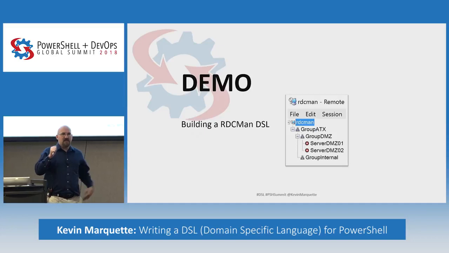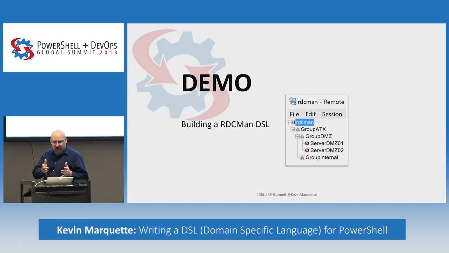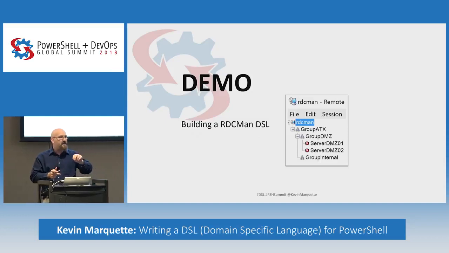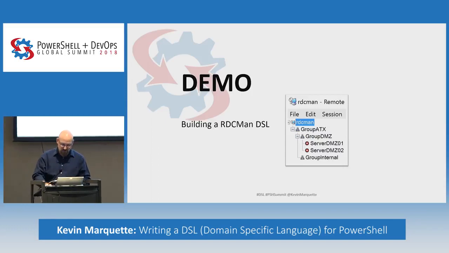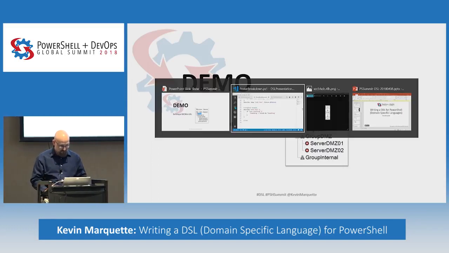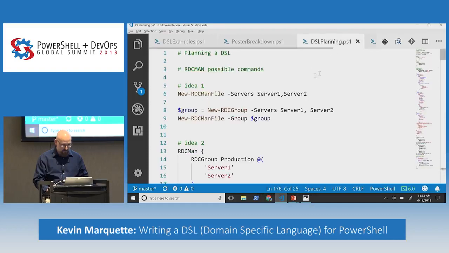Okay, so let's actually build a DSL from the ground up. And for this one, if you've used RDCMan, Remote Desktop Connection Manager, it actually uses an XML file to store all the information about your connections. All right, DSL planning.